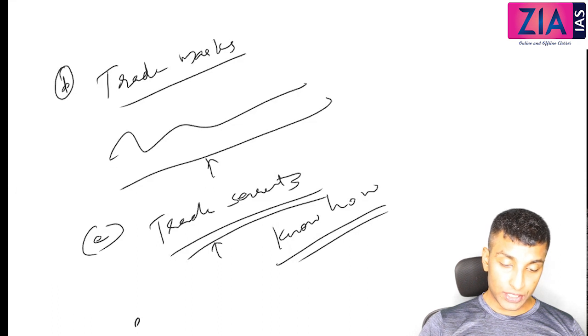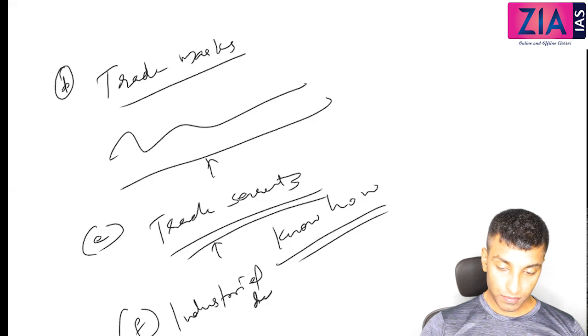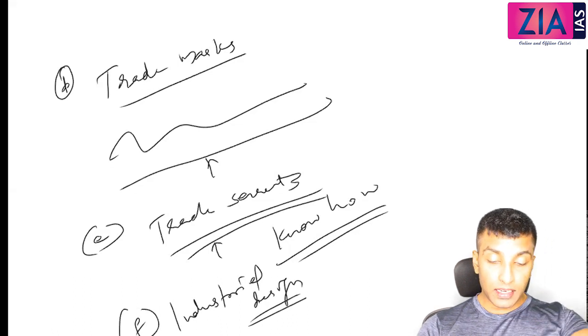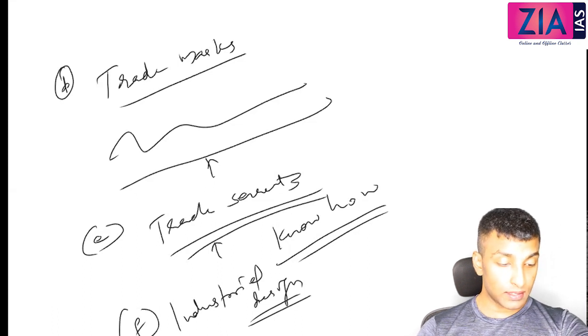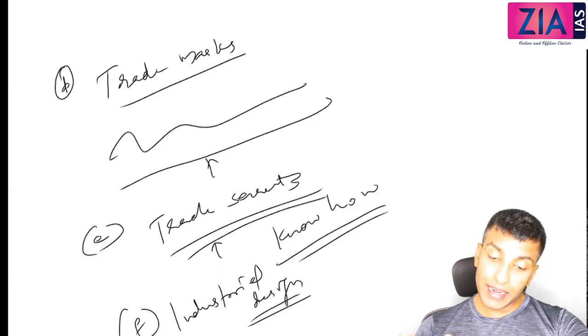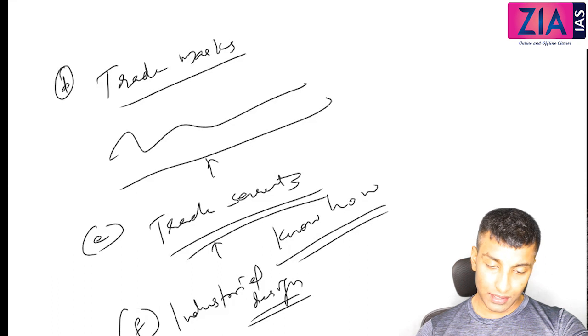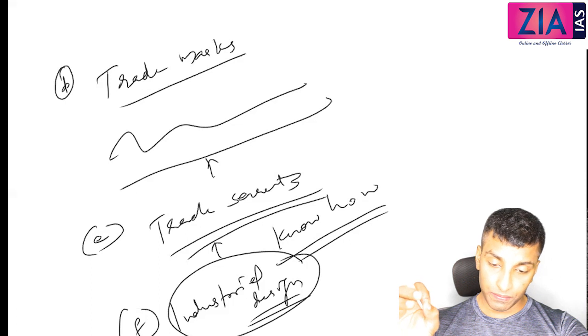Next one, industrial design. It covers articles like designs, bearing designs, shape, configurations, etc. So that's what design is, but not the product itself or that article itself.